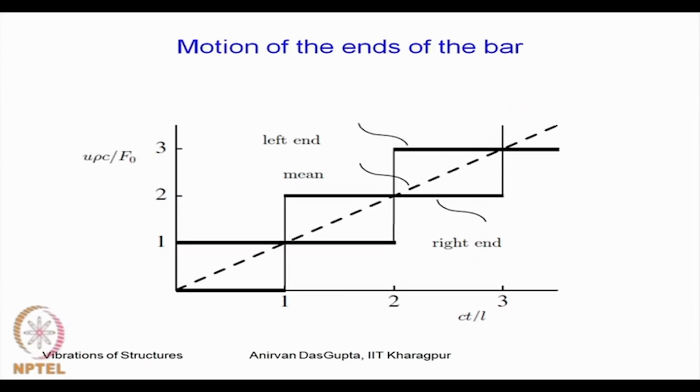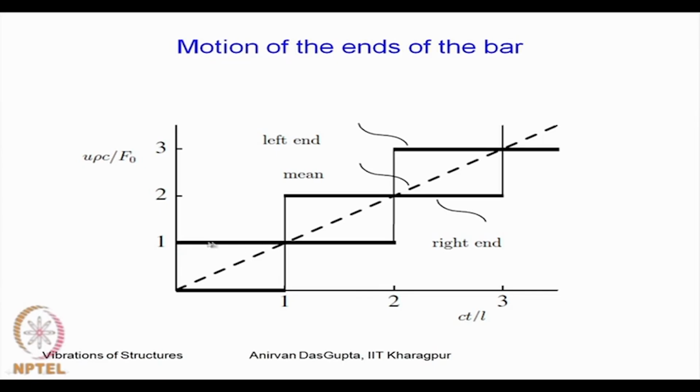So, to see this, here I have plotted the motion of the ends of the bar. So, this is the left end of the bar. As soon as the impulse is given, the left end of the bar gets a velocity, and the displacement follows.